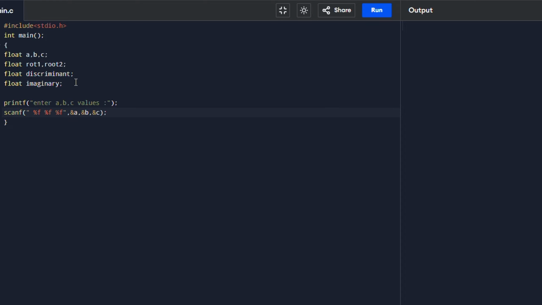So we will be writing the discriminant formula: discriminant = b * b - 4 * a * c.